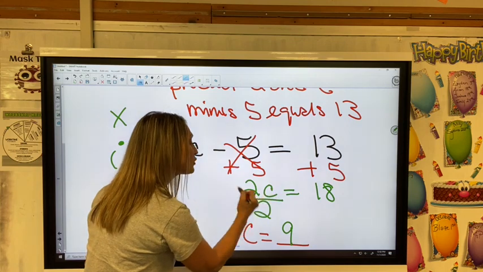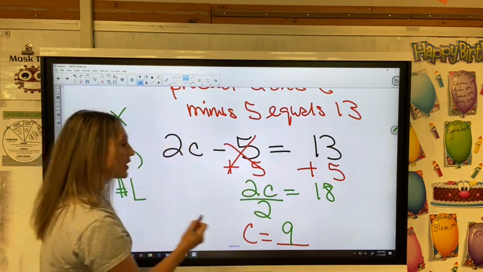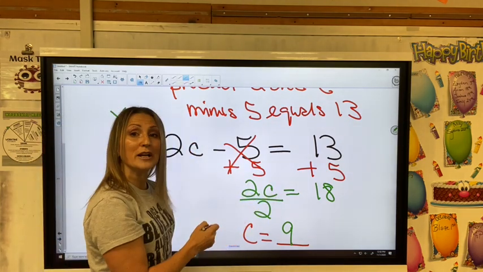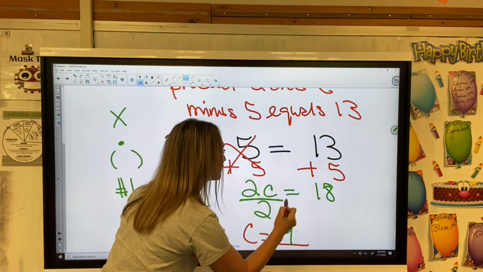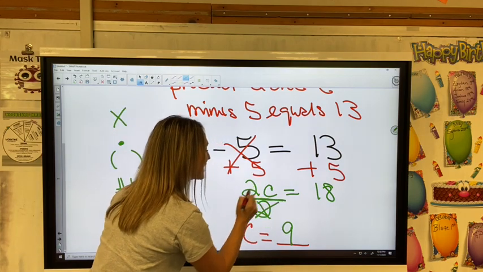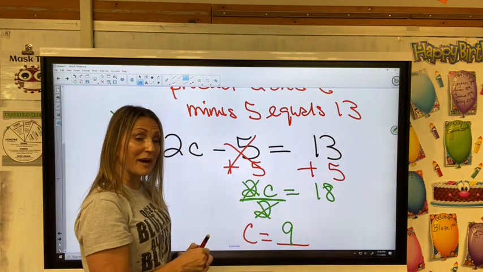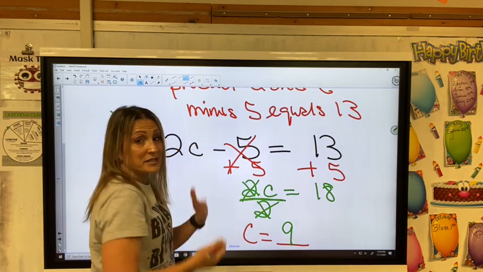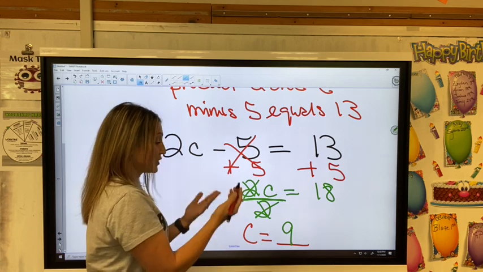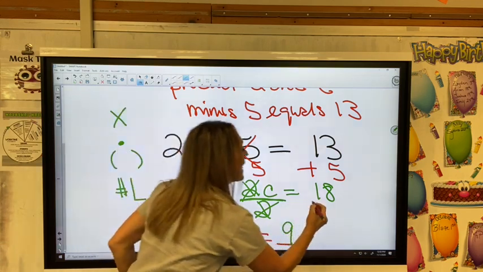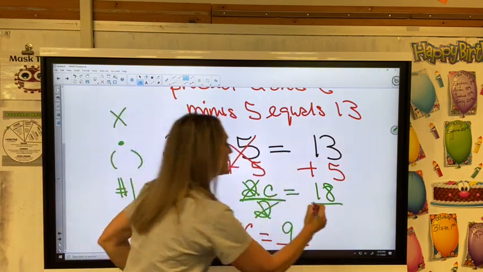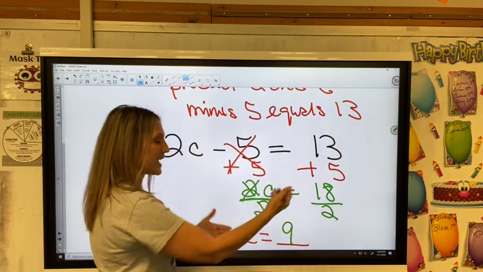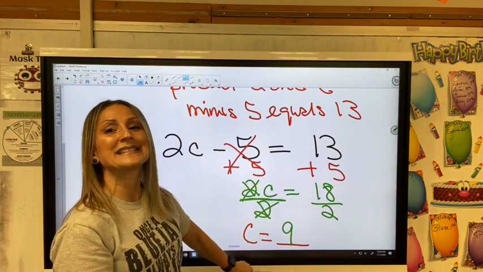And since we're multiplying the number by the letter, the way to get rid of the number is through division. So we'll divide 2C by 2, and that will get rid of my 2, because 2 will go into 2 one time, and 1 times C is just C. So I'm left with C. And if I do it to one side, I must do it to the other. And of course, 18 divided by 2 is 9.